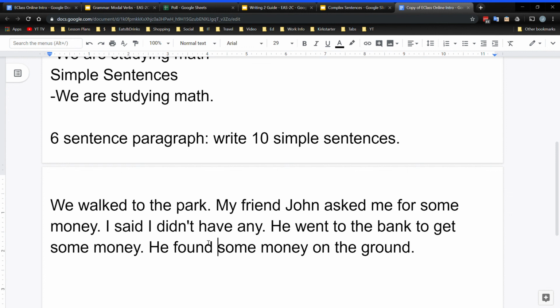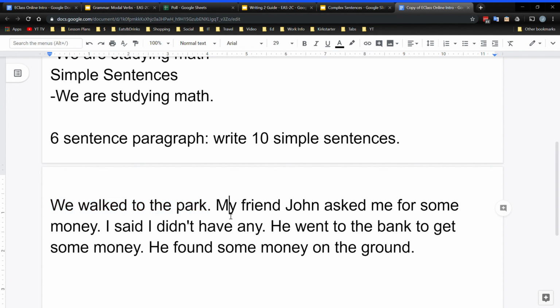And the reason all of these are simple sentences is because if I just write simple sentences, I make fewer mistakes. It's much shorter and easier to write.